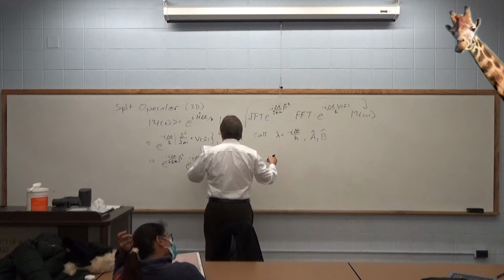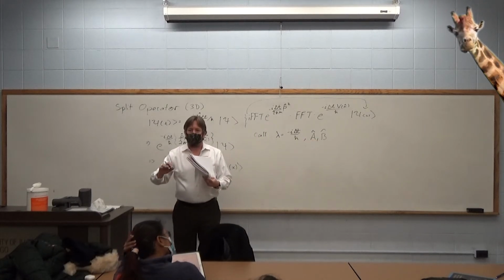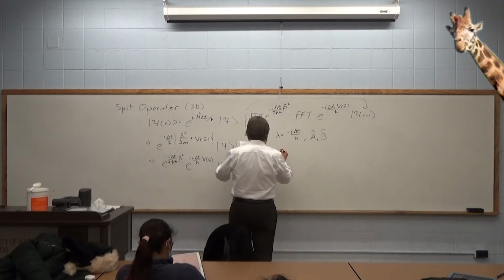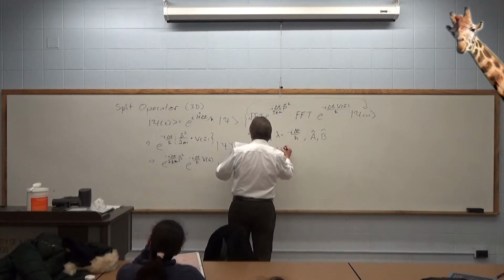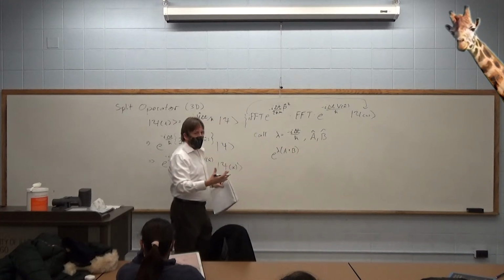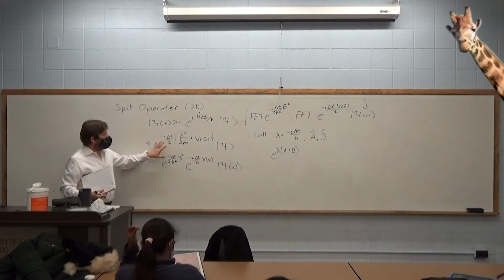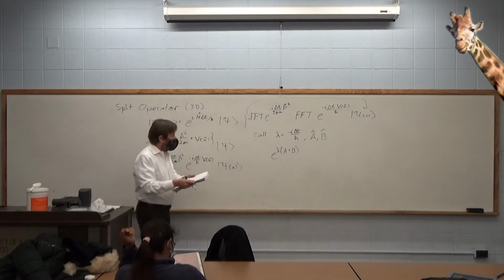So A is obviously going to be like momentum, and B is going to be position. So it's kind of obvious what I'm trying to do here, right? So here I'm basically saying here's the propagator. This is called a propagator, by the way. The time evolution operator, you'll often hear it called a propagator.